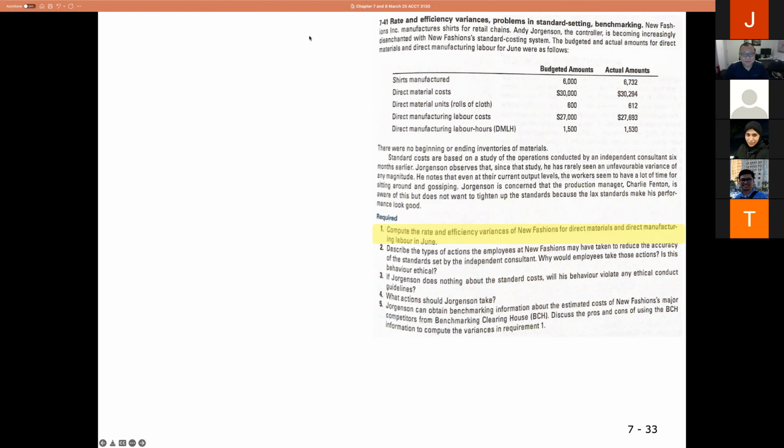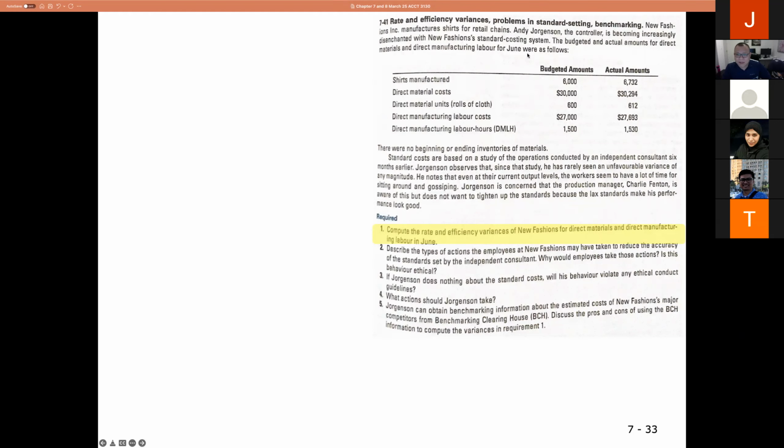So for this question, 7-41, by the way, I have the solutions posted already, before the strike. This question is about a company that manufactures shirts for retail chains. The controller is becoming increasingly unhappy with the new fashion standard costing system. The budgeted and actual amounts for direct materials and direct manufacturing labor for June were as follows.